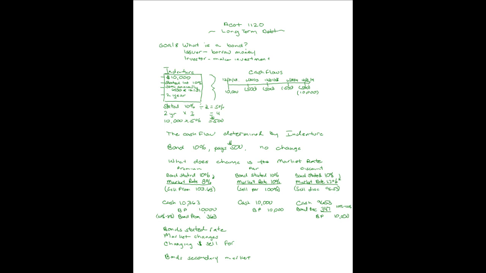We borrow $10,000, we pay interest in the amount of $500 every 6 months, and at the end of that time, we pay off the bond. If this were a real bond, that would probably be 30 years long, 2 times a year, amortization schedule 60 lines. We're not doing it. So, here's our cash flow, and that's never going to change. Those are our facts for this bond.